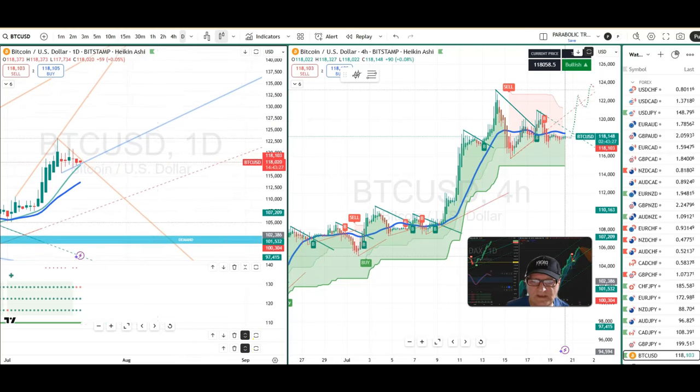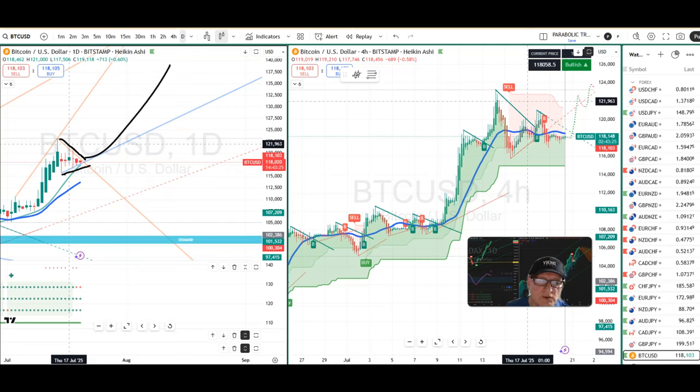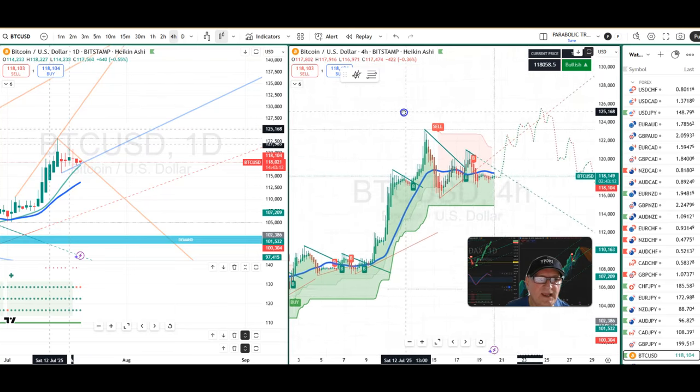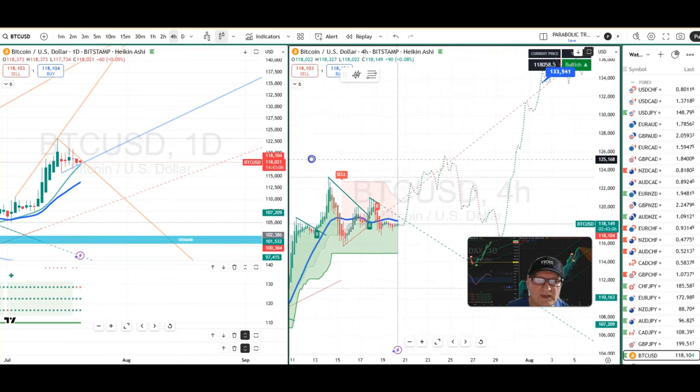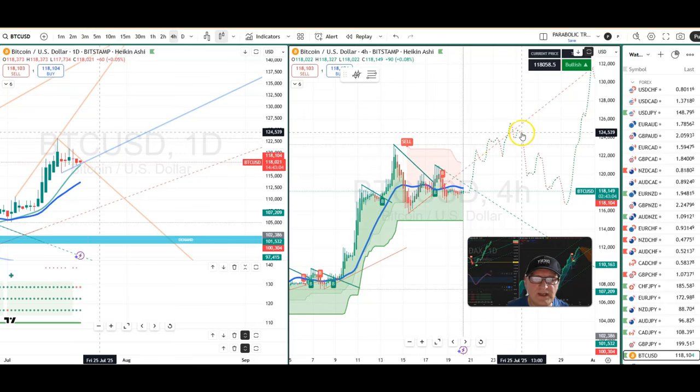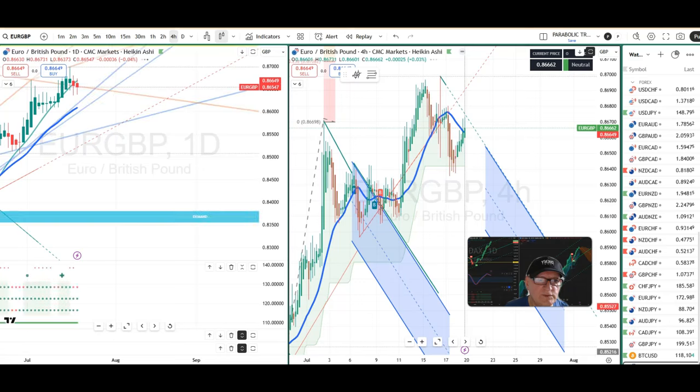There's a bit of a resistance line here on the left. But I think that's going to get broken with a wedge formation. So I think this wedge is going to get broken quite quickly. And we're going to see a big move as soon as this week. And the target is 133,541. A really nice number. Get ready. In the VIP room, I will keep you updated. I know some of you do trade it.